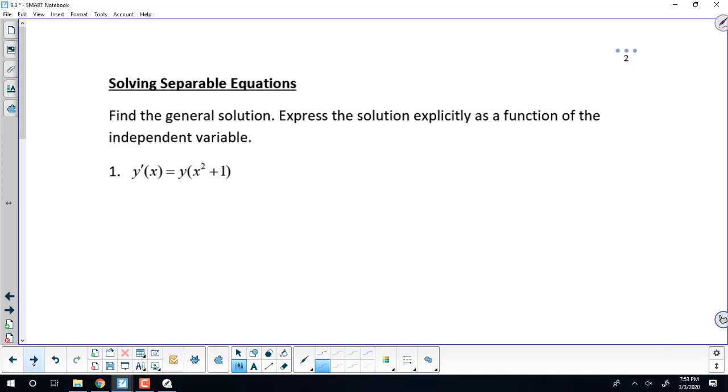So we want this y times this x squared plus 1. We want to solve this equation so that we have a function of y times y prime of x. So we're just going to divide both sides of our equation by y, or multiply by 1 over y. So 1 over y times y prime of x is equal to x squared plus 1.